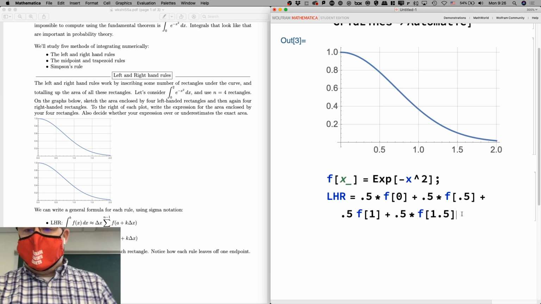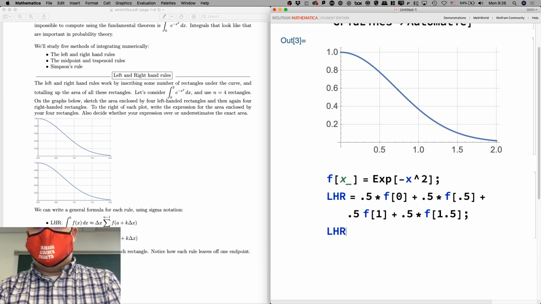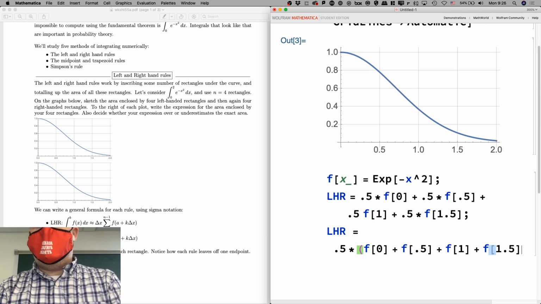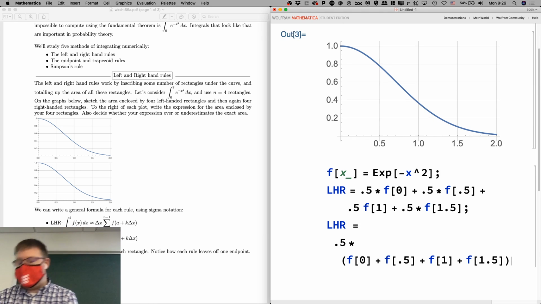But I could also write it like this. Okay, which one's more efficient? The latter one is better because it only has 1 multiplication, 3 additions, and 4 function evaluations. Okay, and we could get away with that.